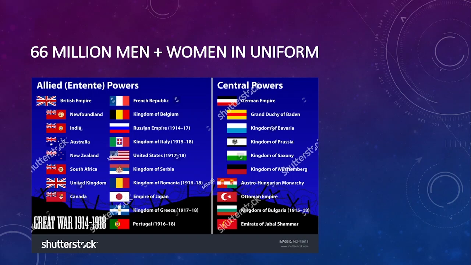Russia alone mobilized some 12 million men, while France recruited 67% of its male population into its army, only to recall 500,000 of them for essential work at home. And 23 million men fought for the Central Powers, a total of 66 million men and women.